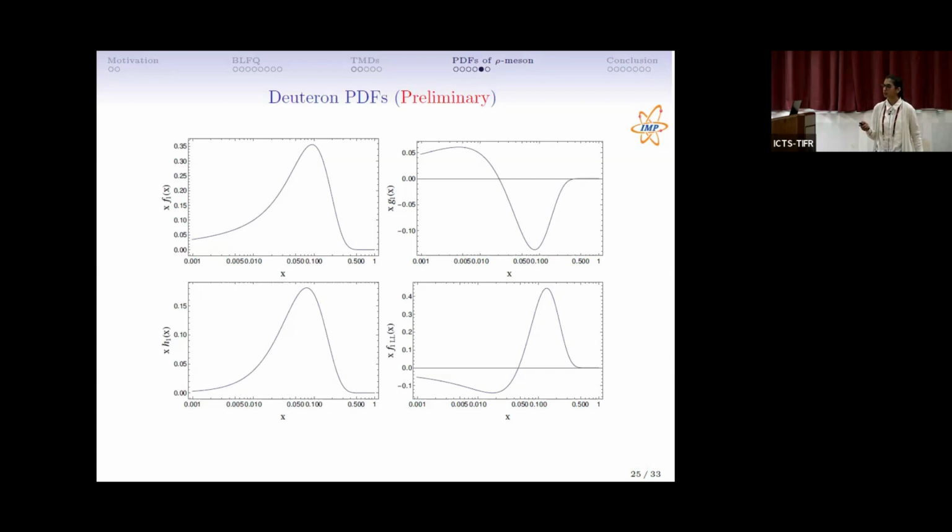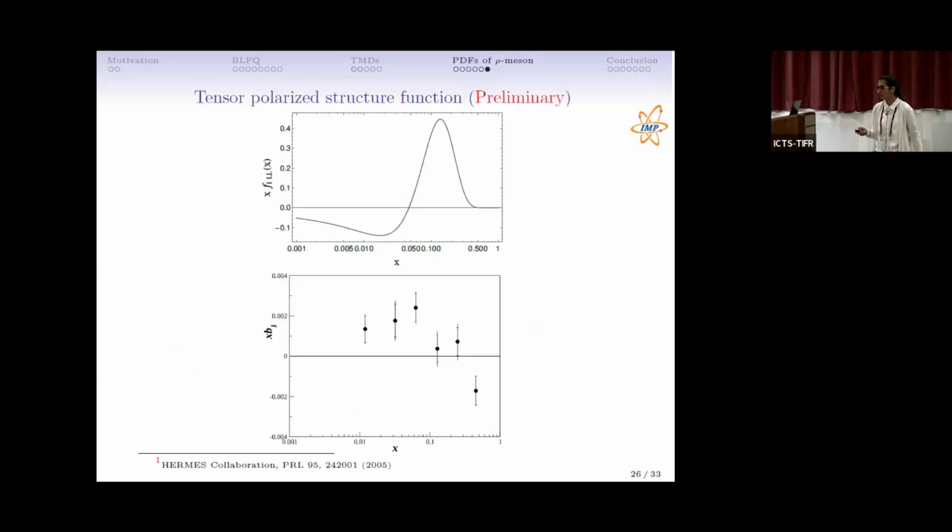This one is unpolarized, helicity, the transversity, and this one is tensor polarized. From the HERMES data, these are the data points, and this one is ours. Of course the scale is different. So when we increase our scale, but we don't know how to increase that scale, if we observe this at the higher scale, then it could match with the experiment. But there is only one point on the negative side, so we cannot conclude anything.